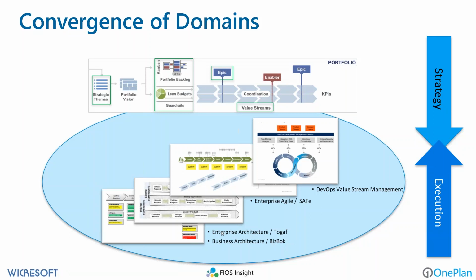We're talking about enterprise architecture, business architecture. That's really directly related to enterprise agile and the Scaled Agile Framework, and also in the context of value streams into DevOps, which is a very important connection and component of the Scaled Agile Framework.